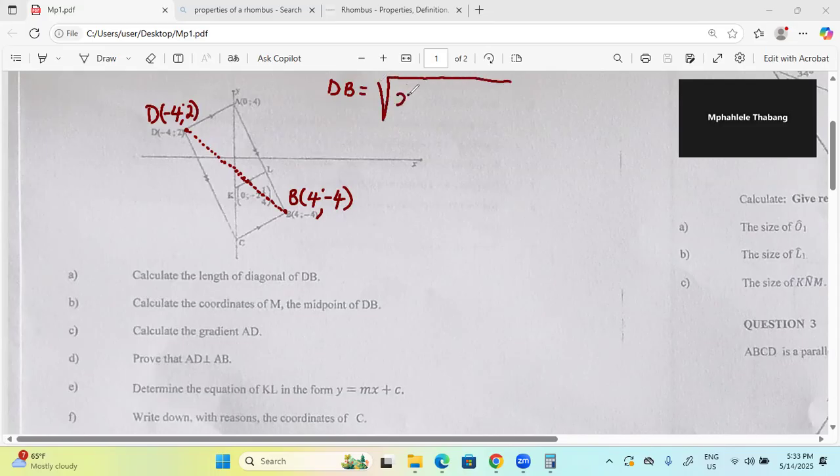We say X at D minus X at B squared plus Y at D minus Y at B squared. So we are looking for the length of DB. We are looking for the distance from D to B by making use of a distance formula.